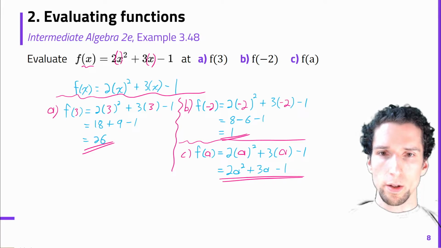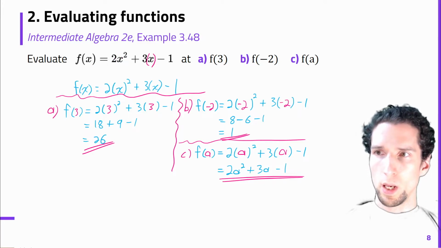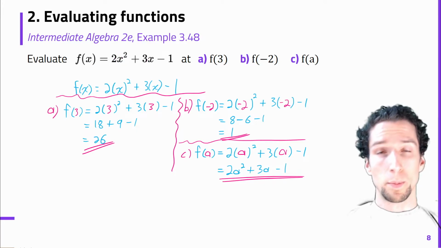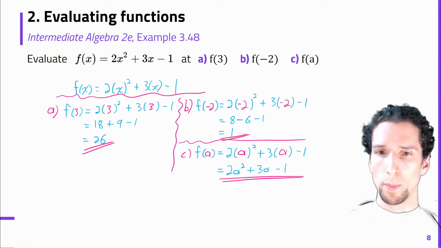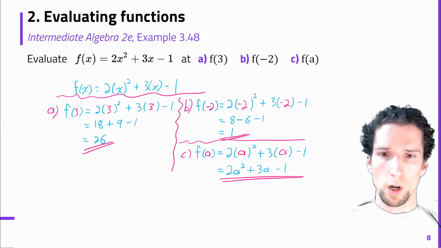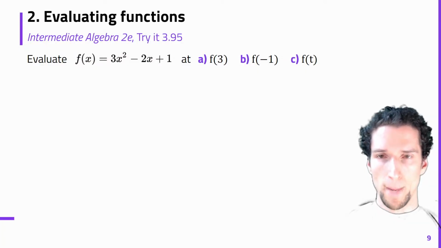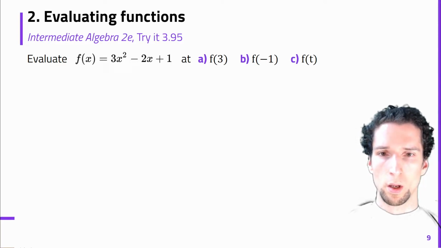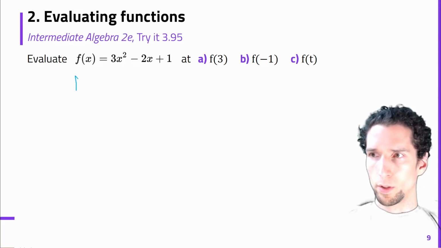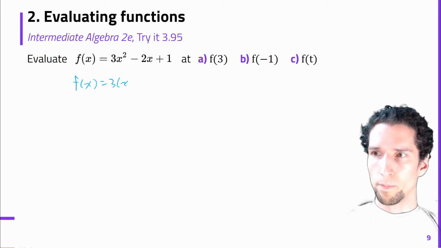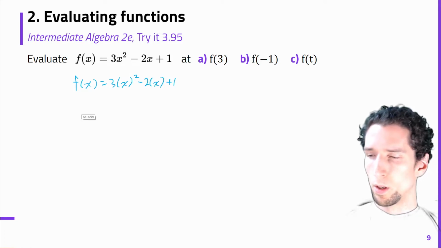Okay, so again, these are the easier examples. We'll see how this method helps us with the harder ones in a moment. But first, our typical practice, my turn, and then your turn next. So let's rewrite f at x equals 3 in parentheses, x squared minus 2, and then parentheses x plus 1.